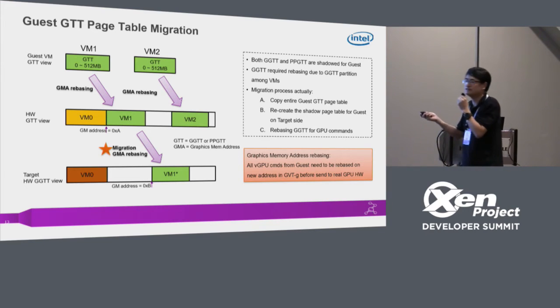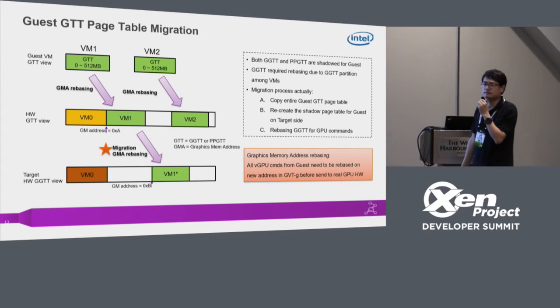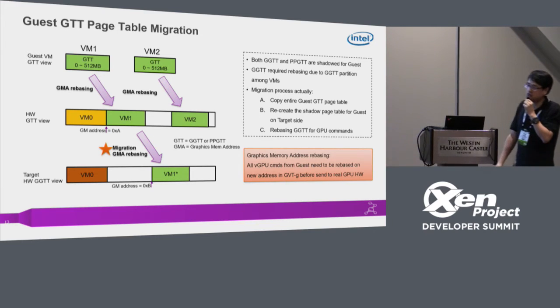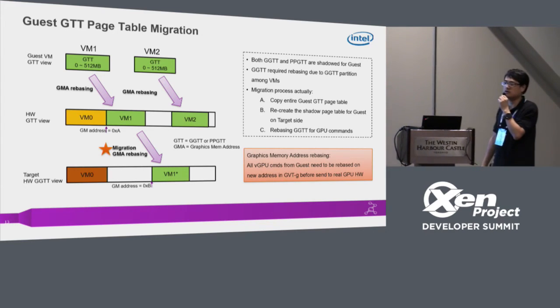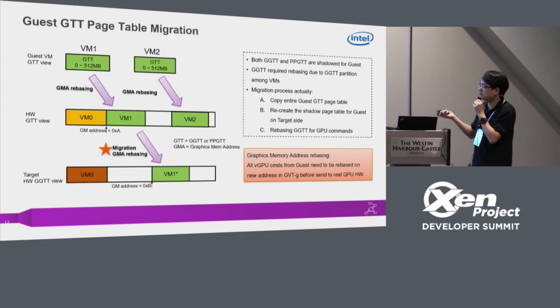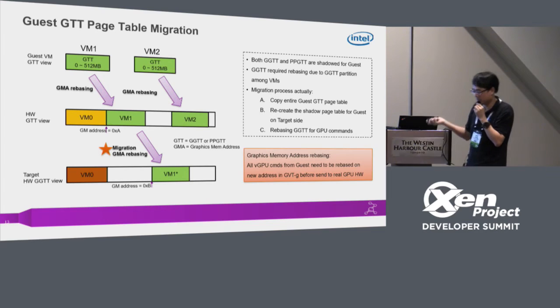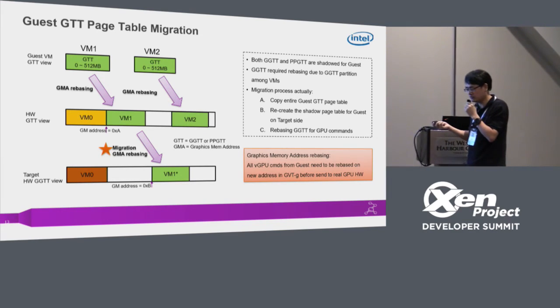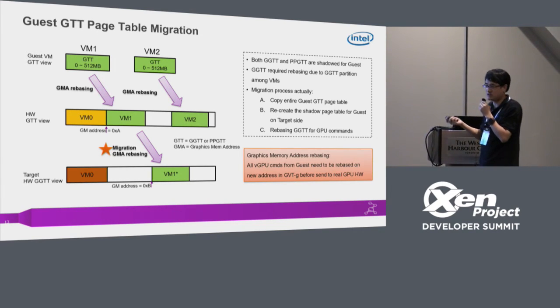Right. Do you have an idea of how much performance cost you're taking in doing the rebasing versus the ballooning scheme? Currently, I would say there is no performance penalty, because in any case we need to audit these GPU commands, since the guest drivers or his commands are not trusted.